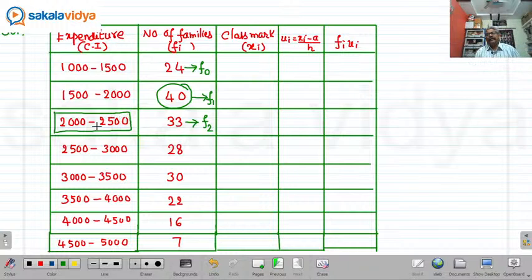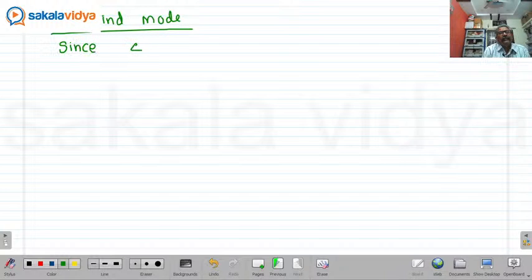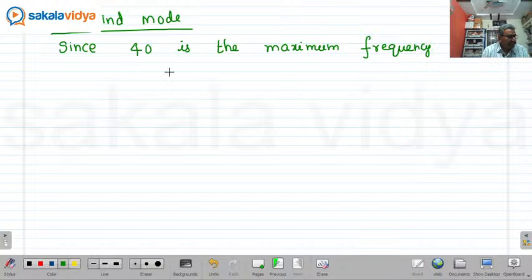So now let us find out the mode. Since 40 is the maximum frequency in 1500 to 2000, 1500 to 2000 is the modal class.